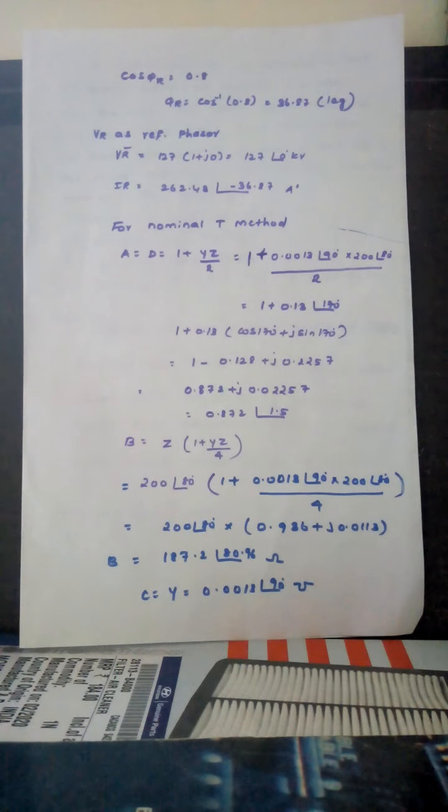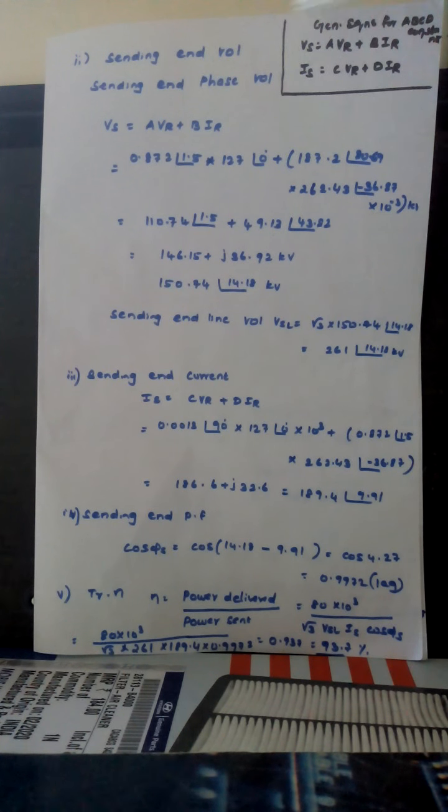Next we have to find the sending end voltage and sending end current. The sending end voltage can be found from the generalized equation: Vs equal to A into Vr plus B into IR.